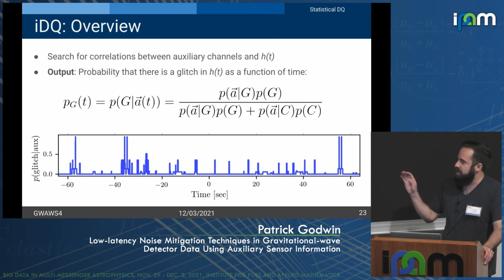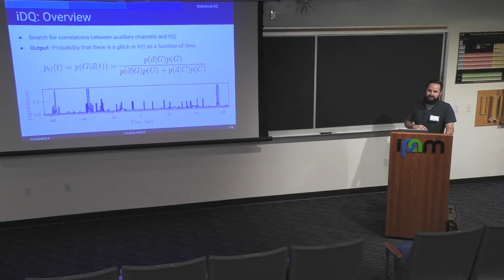And on the bottom here is an example time series stripped away from its actual GPS time, so you can't tell which time this occurs, but it's an example of the type of data that gets produced.